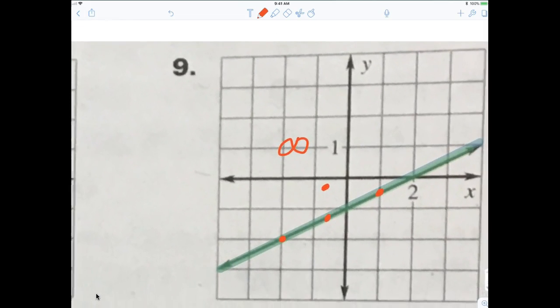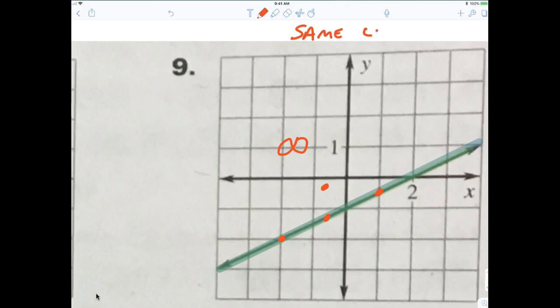Over here, do these lines have the same slope? Yes, but they also have the same y-intercept. So they are the same line. When you graph the same line, we say that there are an infinite number of solutions. Everybody with me? Notice I didn't say all the answers. I said there's an infinite number of solutions.